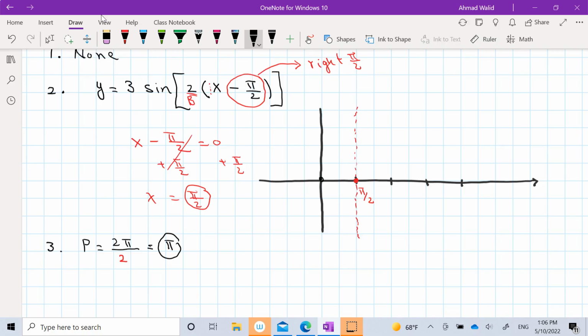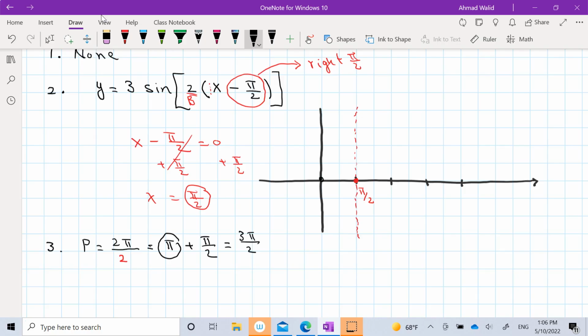Add this period to your phase shift. You see your phase shift is pi over 2. We add pi over 2 with this and it gives us the end of the period. Where is actually the end of our period, which gives us 3 pi over what? 3 pi over 2.